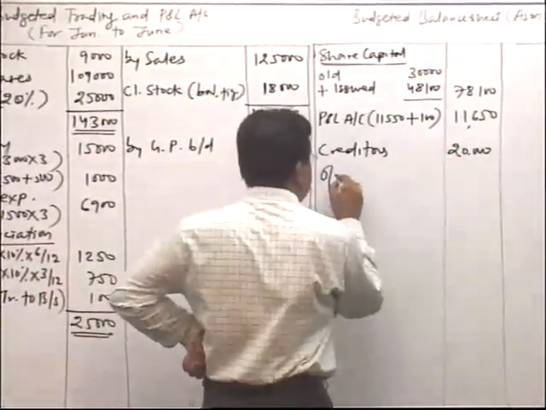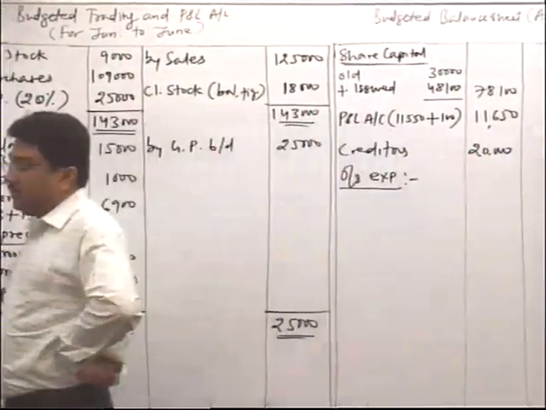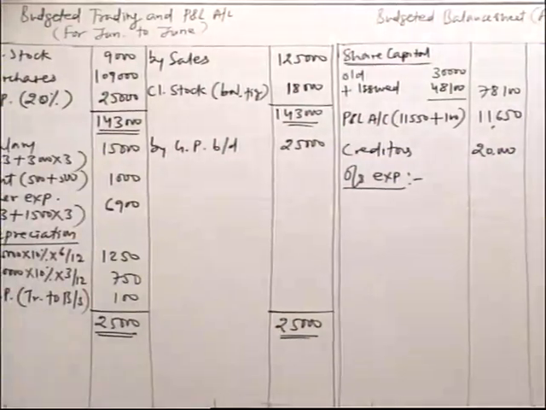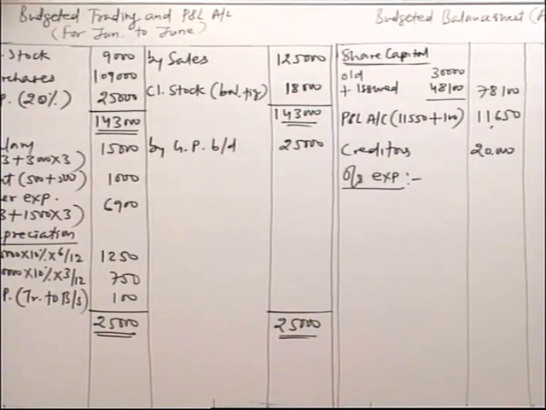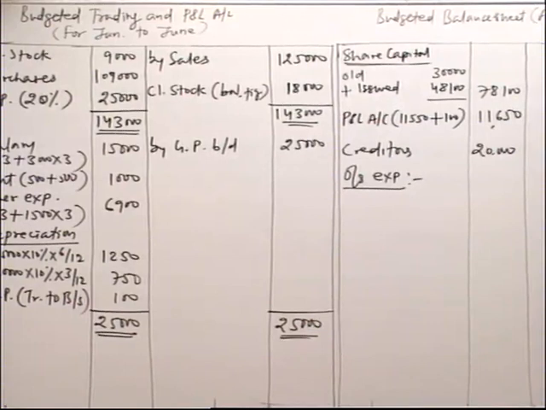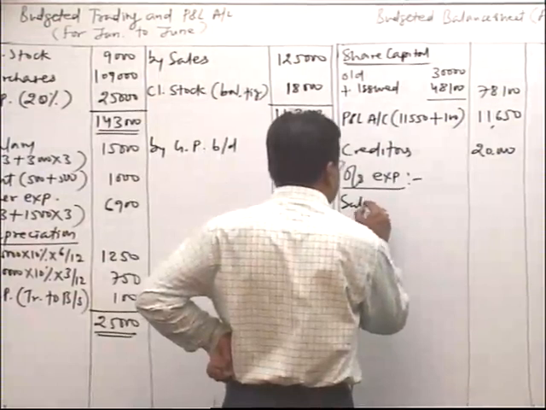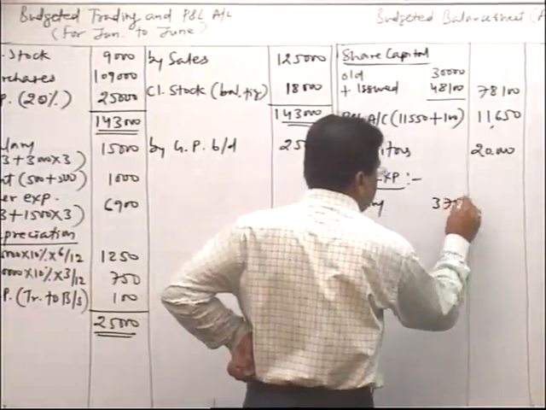Next is outstanding expenses. Now there are two outstanding expenses. One is salary, 1/8 part of the salary of June. Please refer working note 1. In June, we have paid only 7/8 part, that is 2,625. So rest 1/8 salary, that is salary of 375, will be paid in July. So it will remain outstanding in the balance sheet of June. So salary outstanding is 375.